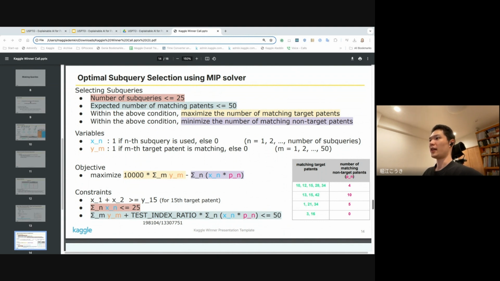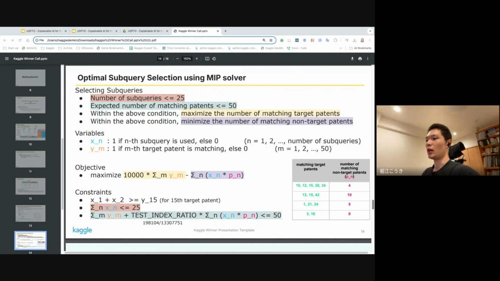Here, the blue xn is 1 if the n-th subquery is used, and pn, the red-pink one, is the number of matching non-target patents listed in the table on the right from the example that I've shown several slides before.